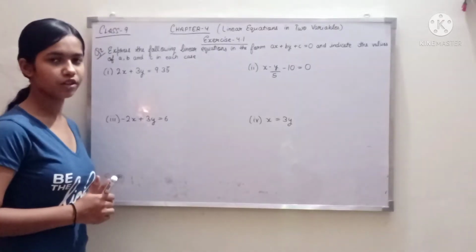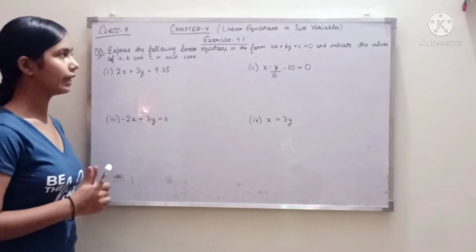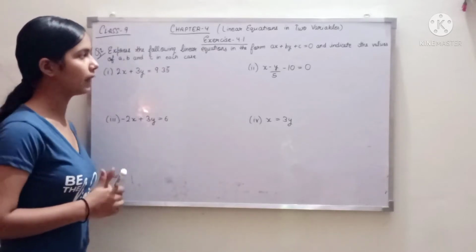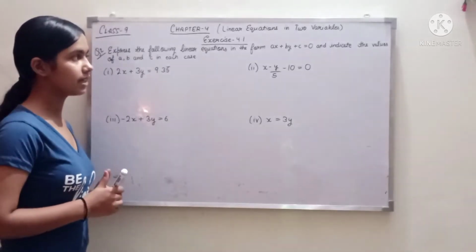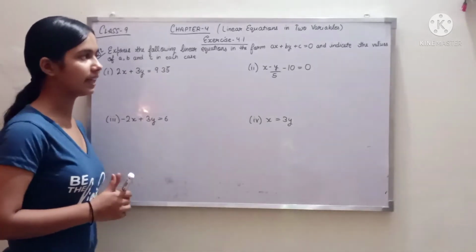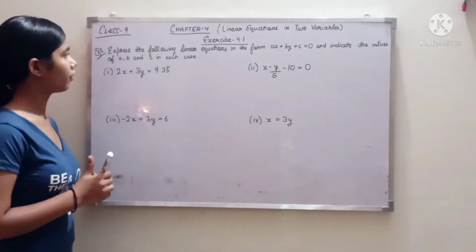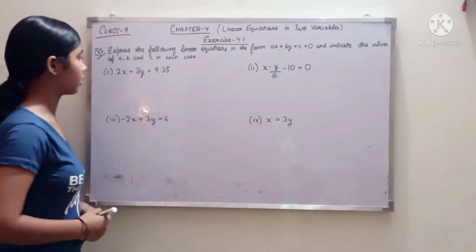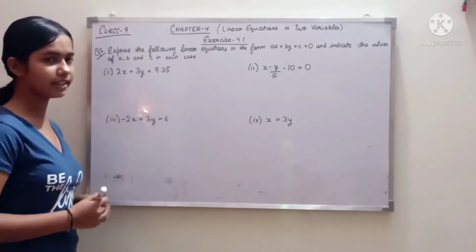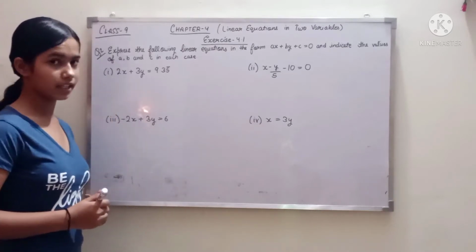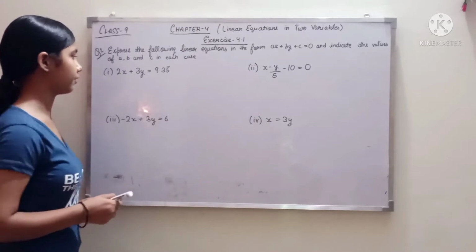The second question is, express the following linear equations in the form ax plus by plus c is equal to 0 and indicate the values of a, b and c in each case. The first part is 2x plus 3y is equal to 9.35.